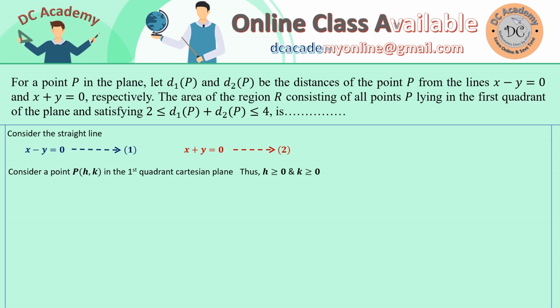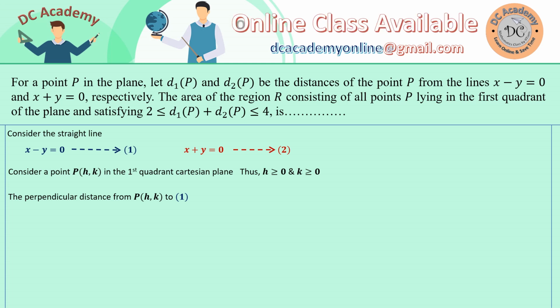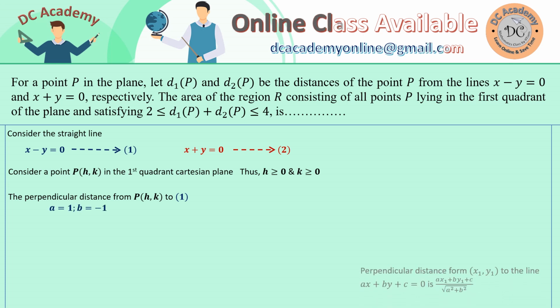That's very obvious. Now let's find the perpendicular distance of P(h, k) from line 1. How do we find the perpendicular distance? For that, we need the formula for the perpendicular distance from the point (x1, y1) to the line ax plus by plus c equal to 0, which is |ax1 plus by1 plus c| divided by the square root of a square plus b square.